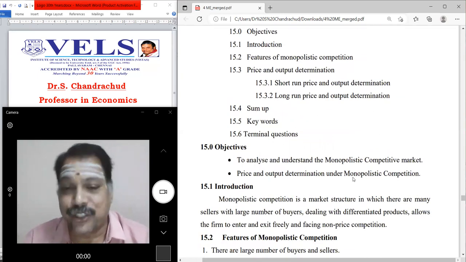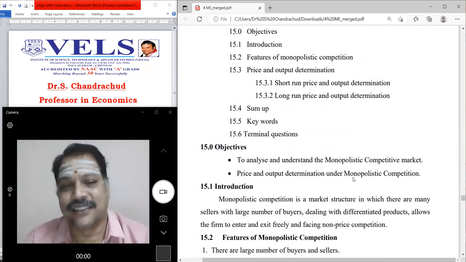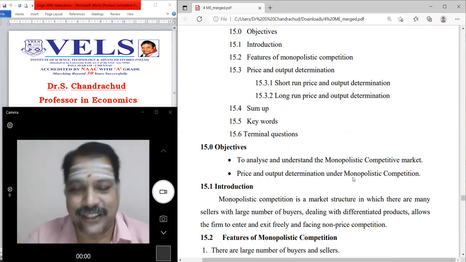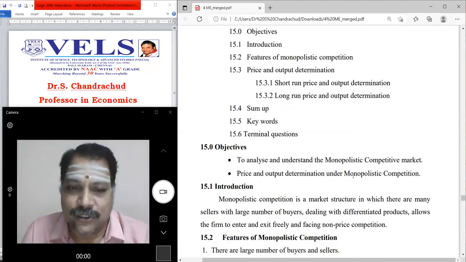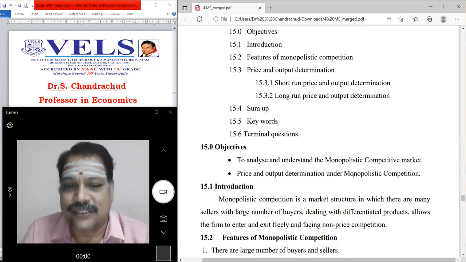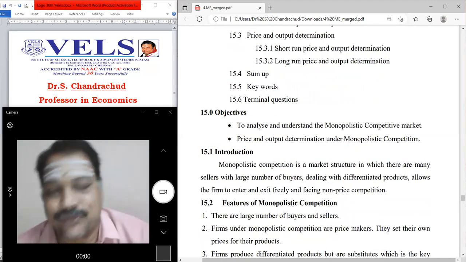The main objective is to analyze and understand the monopolistic competitive market and how the output and the price are determined under monopolistic competition.